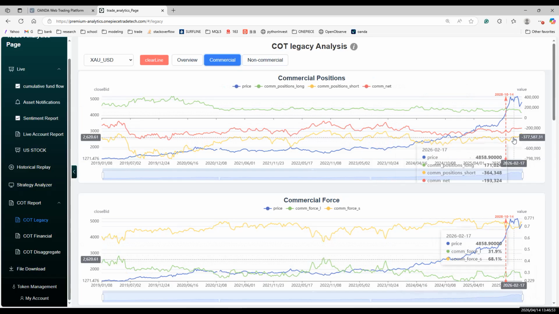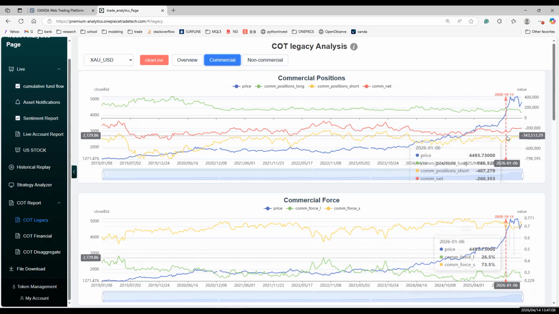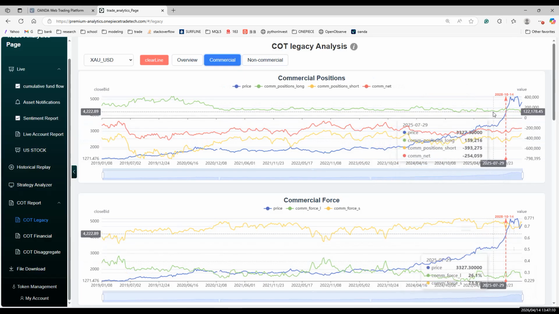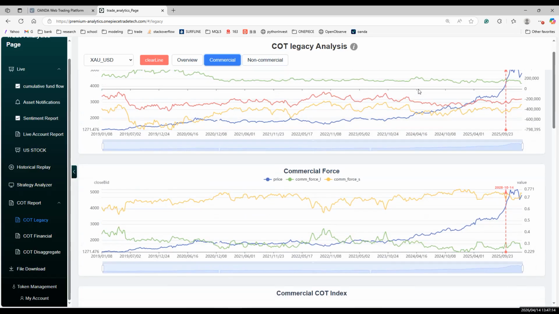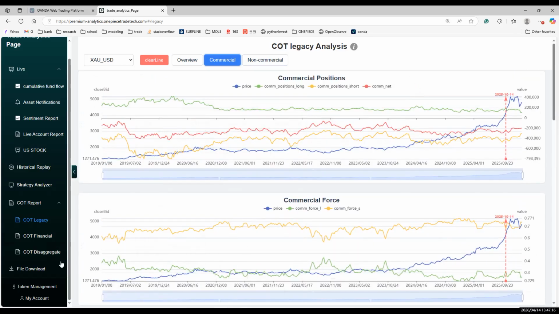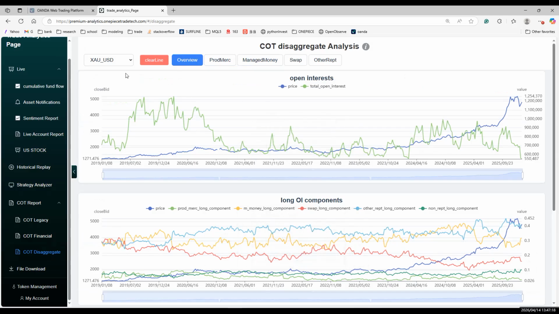As the non-commercials, who are typically reactive, open less long contracts, the commercials, as their counterparty, will hold less short contracts, which is nothing alerting. For more detailed breakdown information, we have to go to the disaggregated reports.